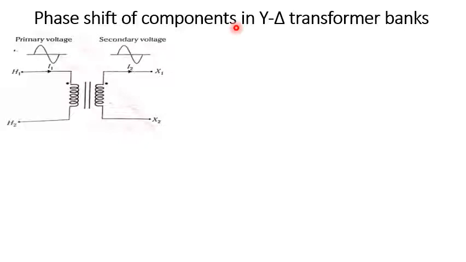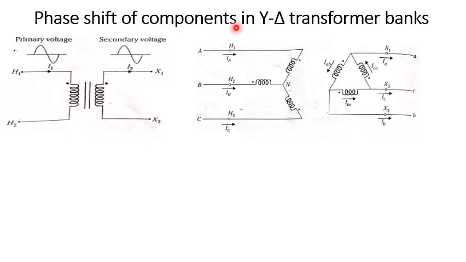In earlier years, there were no standard transformers manufactured with different winding connections to get different phase shifts. So in the year 1988, ANSI, that is the American National Standards Institute, established the standard for these connections. According to this, they made a regulation that the high voltage side should lead the low voltage side by 30 degrees for delta to star or star to delta connections.